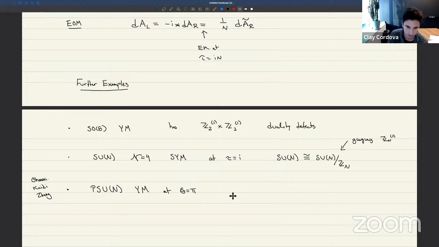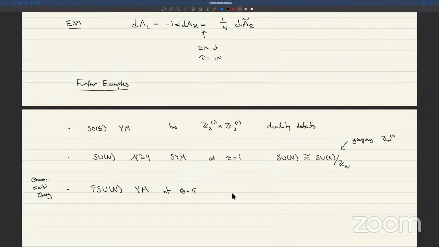This has a duality defect. And they use that to inform some results about the dynamics of that theory, which before this were a bit mysterious, at least to me. So finally, there are also some lattice examples, but I guess I'm basically over time.